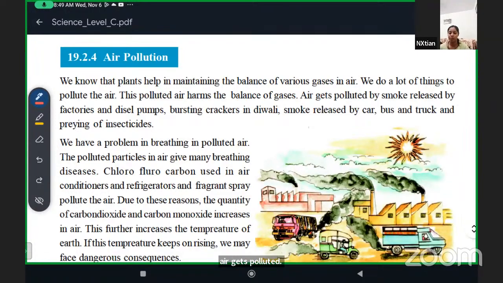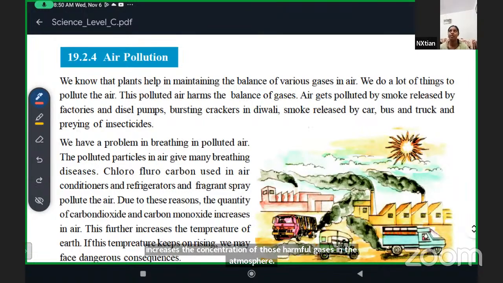Sometimes with the smoke that is released by factories or diesel pumps, or the smoke that's released by the bursting of crackers, or the smoke released by vehicles such as car, bus, truck, all of that pollutes the air because a lot of harmful gases and harmful particles are released directly into the atmosphere, which increases the concentration of those harmful gases, hence polluting it.